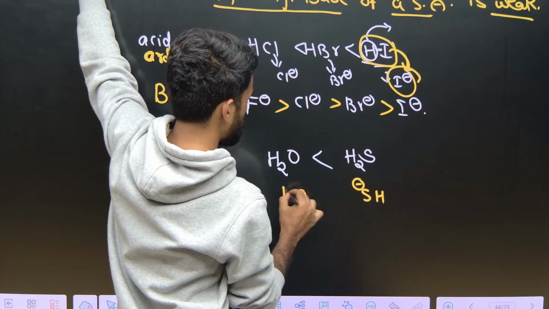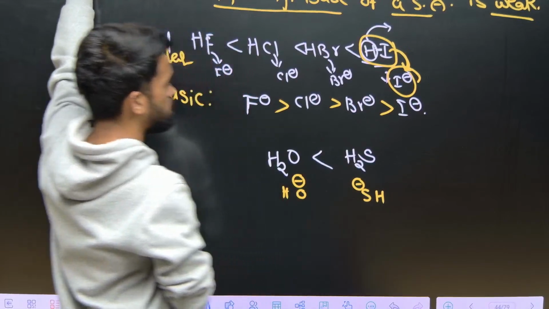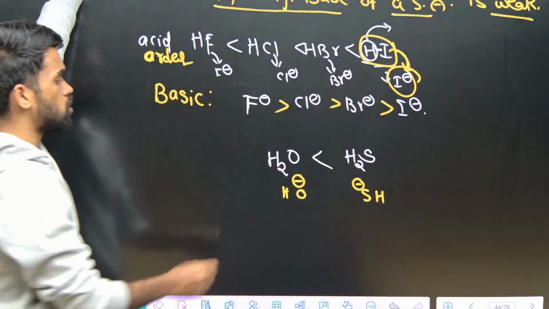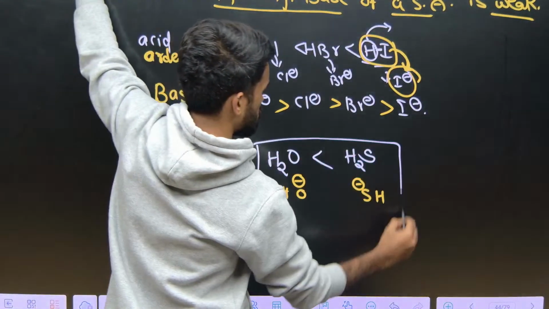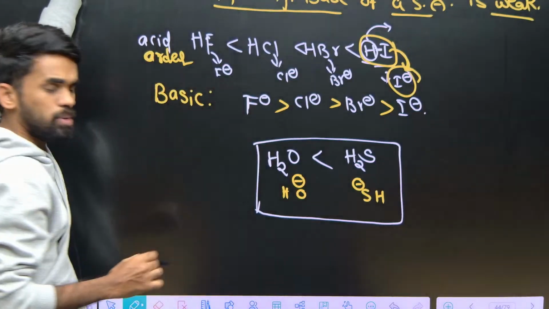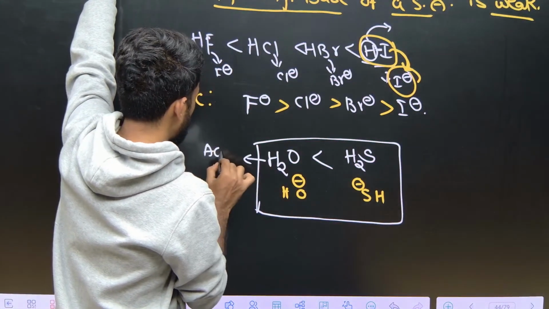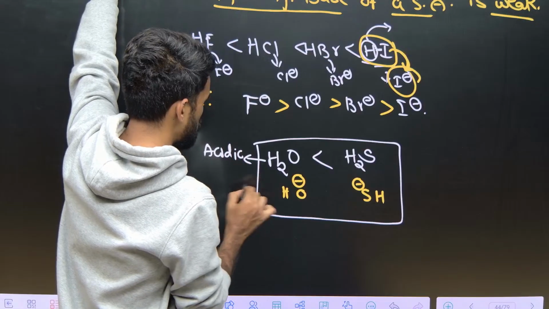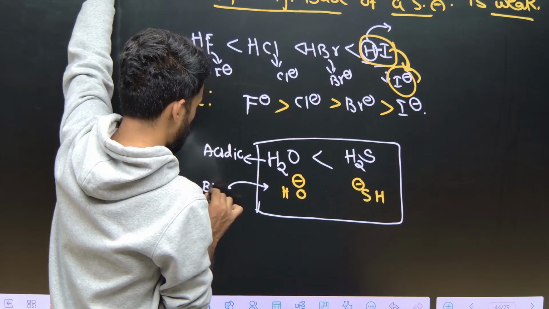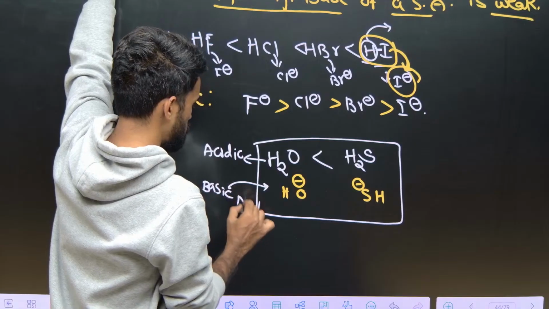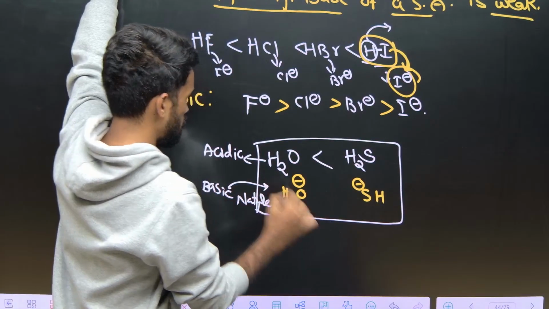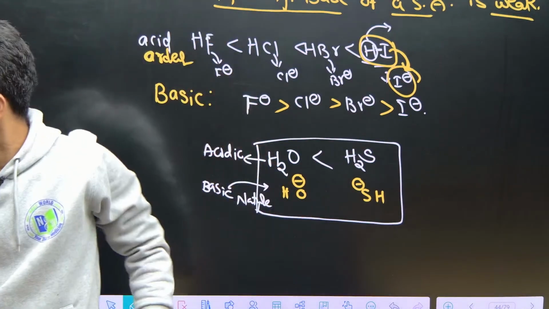SH minus and OH minus. Out of these, which is the stronger base? Just tell me your answer in the comment box. This is the acidic nature I am saying, then I am asking the basic nature for their conjugate bases. Tell me your answer in the chat box for this particular question.